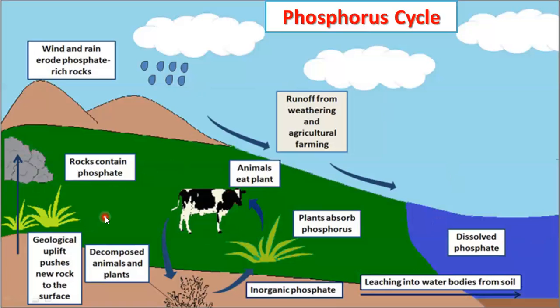Okay, means from the soil we get the phosphorus, that gets washed out with the help of wind or the rainwater, and after washing it goes to the river, from river it goes to the ocean, and also after the degradation of the animals and the plant dead bodies, phosphorus is formed in the form of inorganic phosphate, and that gets absorbed into the soil, and after the leaching process, it gets washed out to the ocean.